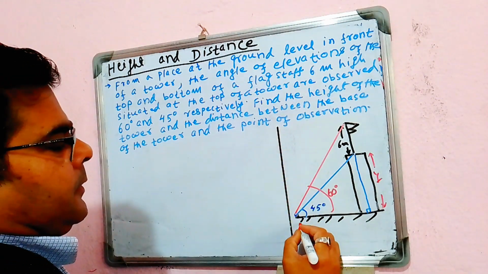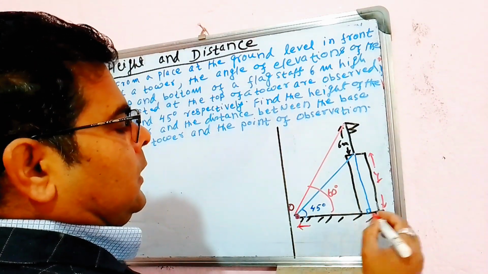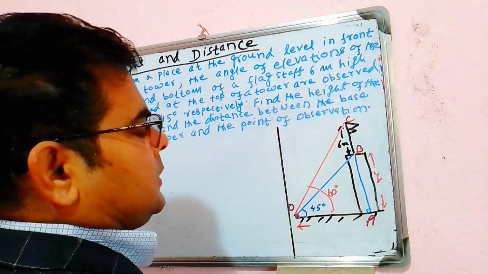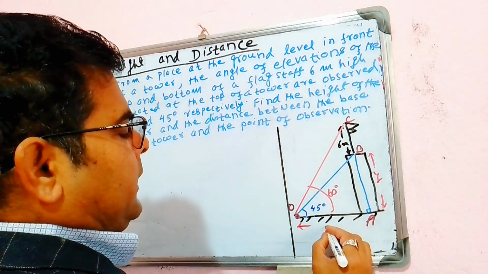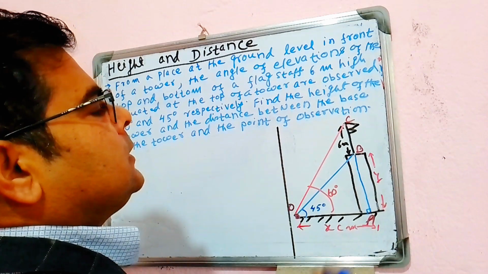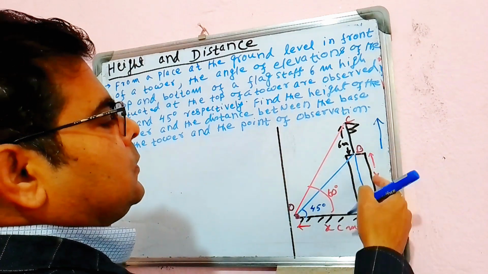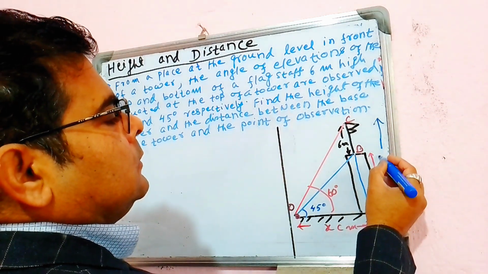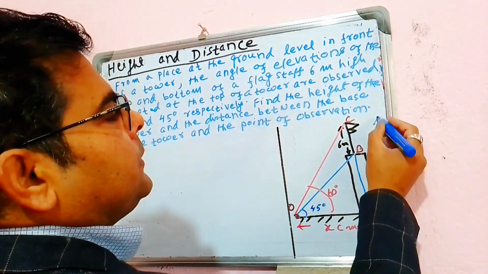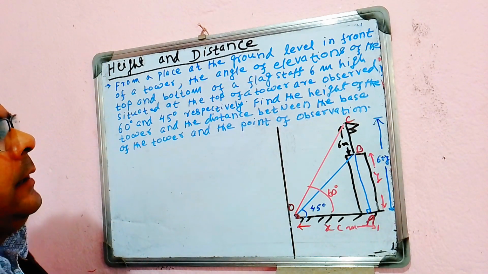Next is the point of observation; you can call this O, and also A, B and C. Suppose OA is x meter. The flag is already 6 meters and this is y meter, so the total height from ground to the top of the flag is 6 plus y meter. So you have to find the values of x and y.